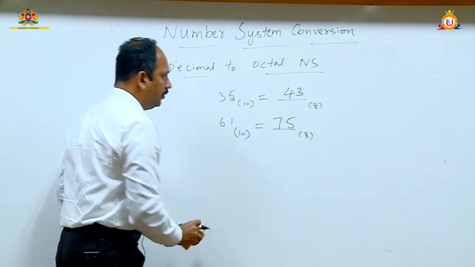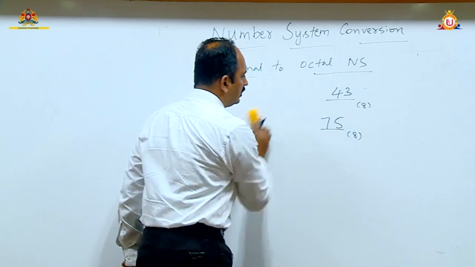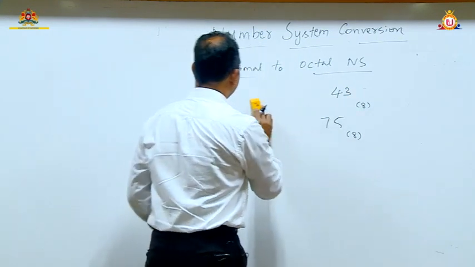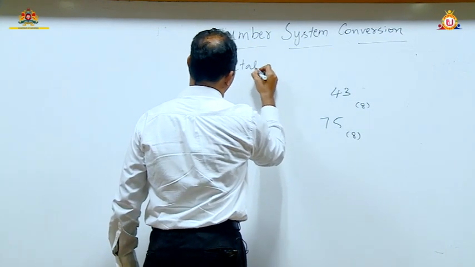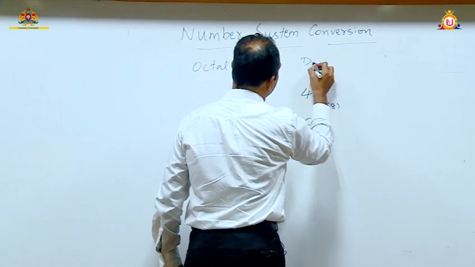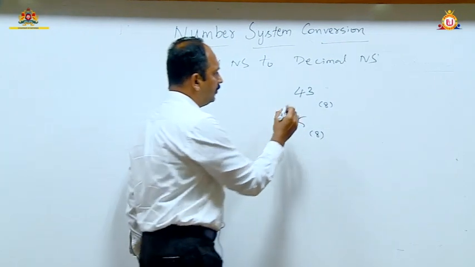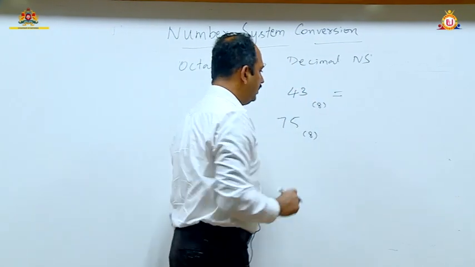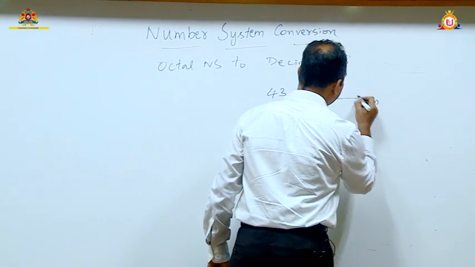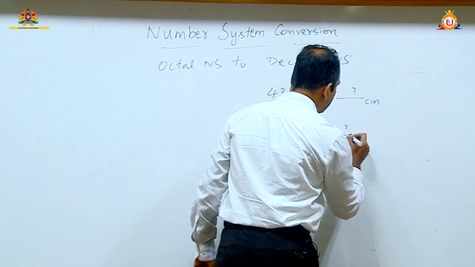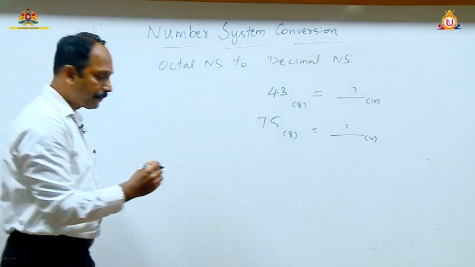Okay. Now let me take these two examples for conversion from the octal number system to the decimal number system. Suppose 43 is given, what is its decimal equivalent? 43, 4, 3 and 7, 5.